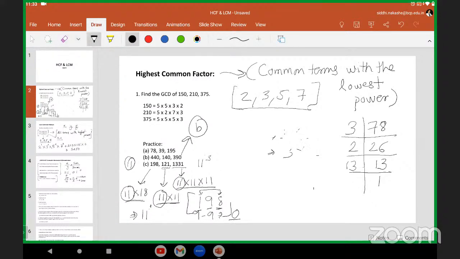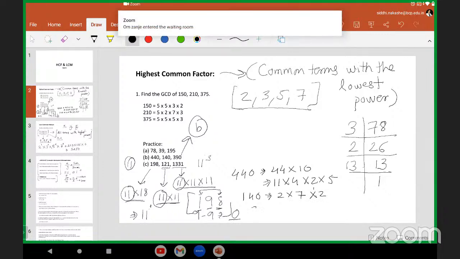The question is 440. 440 can be written as 44 into 10. So this can again be written as 11 into 4 into 2 into 5. So this is for 440. For 140, you can write it as 2 into 7, which is 14, into 10, that is 2 into 5.